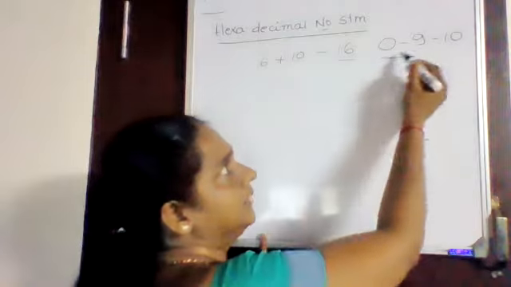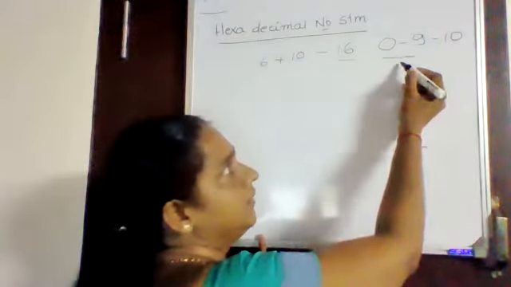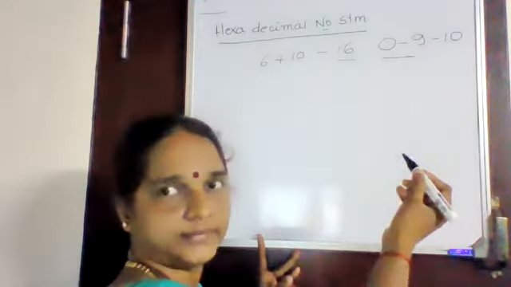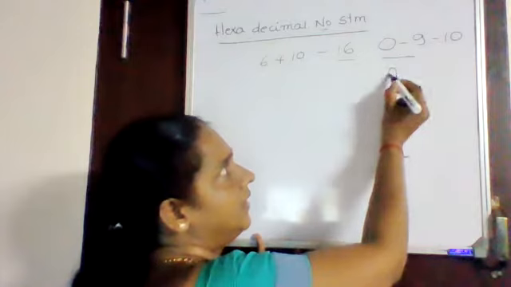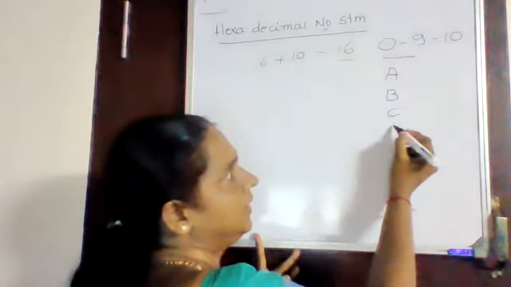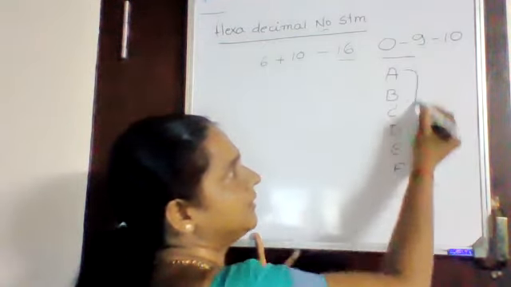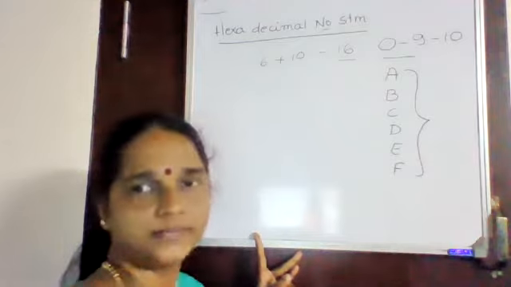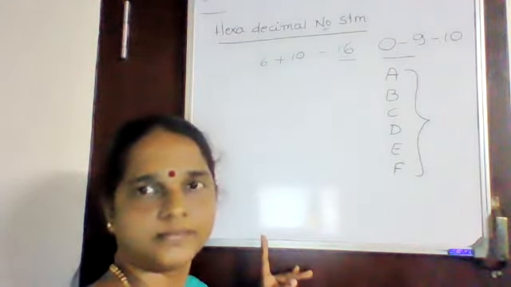Along with these 10 digits, it has a few more digits, represented as alphabets: A, B, C, D, E and F. These are the 6 more digits present in the hexadecimal number system.